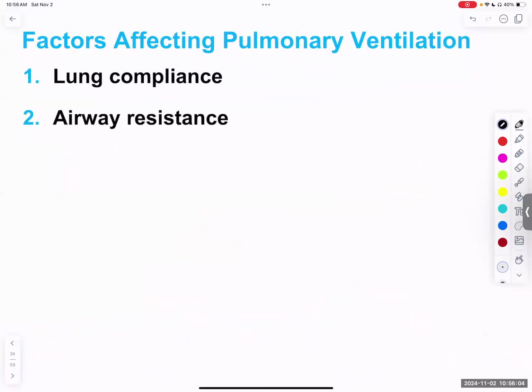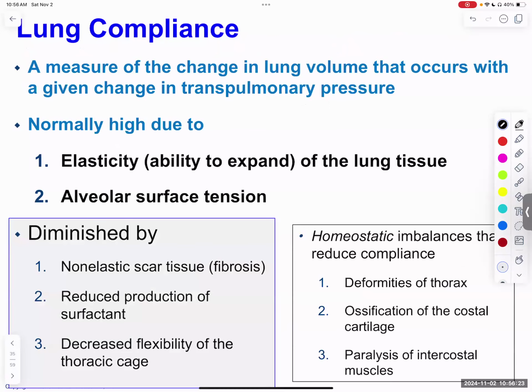500 mLs of air. So factors that affect pulmonary ventilation: lung compliance, how elastic it is, and then airway resistance. This has to do with the diameter of the bronchioles. Lung compliance is a measurement of the change in lung volume that occurs with a change in transpulmonary pressure. It's normally high. Why? Because lungs are elastic.